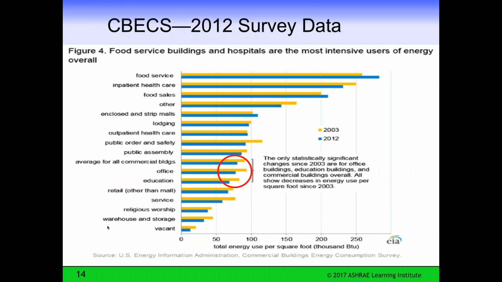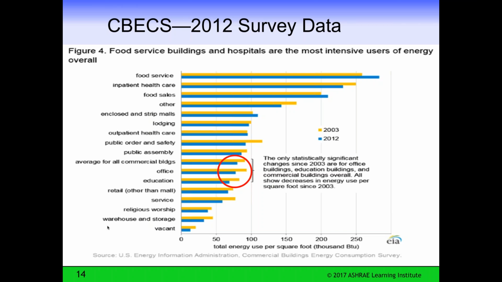All right, here we go. Again, it's existing buildings. Here's a comparison of the CBECS, Commercial Building Energy Consumption Survey, National Survey of Buildings, 2003 and then 2012. 2003 is orange, 2012 is blue, and it shows you the different building types and the changes in energy use for building types.